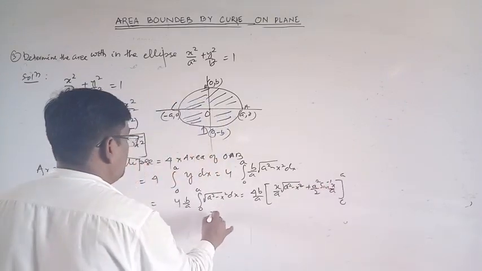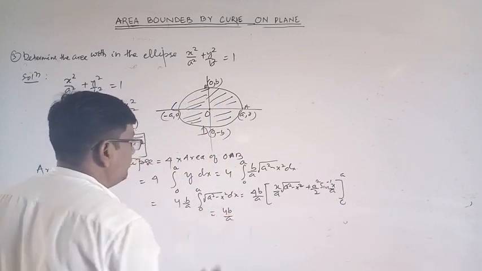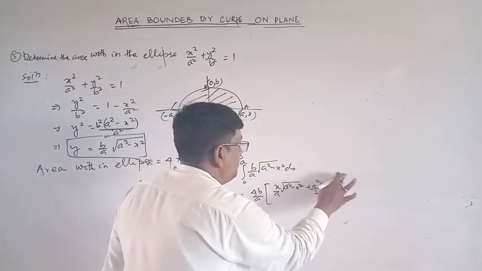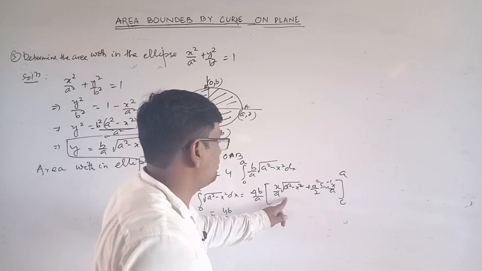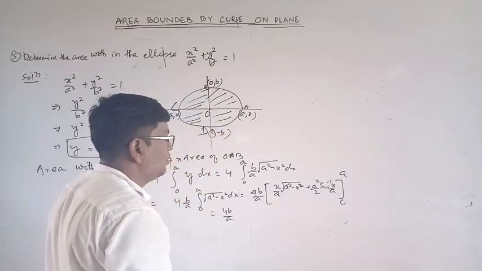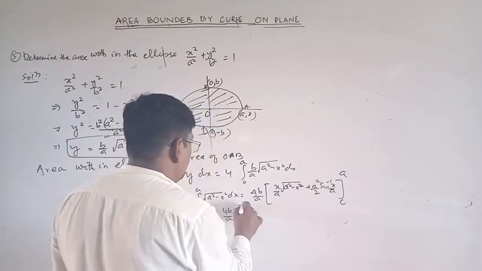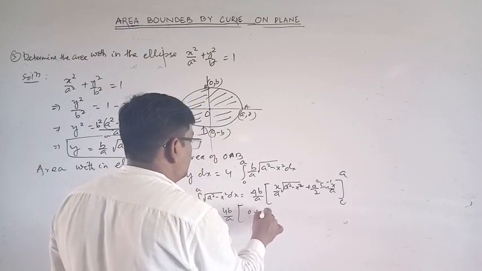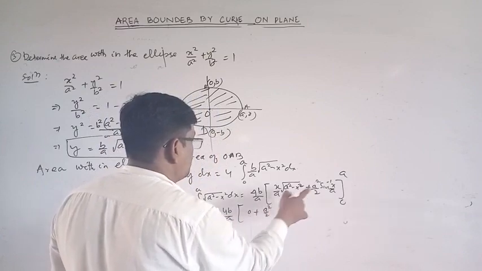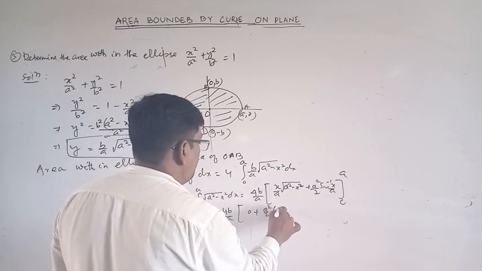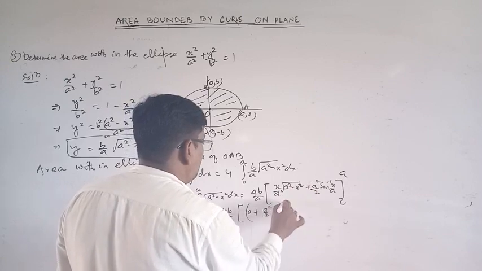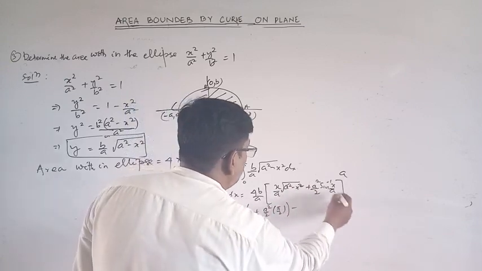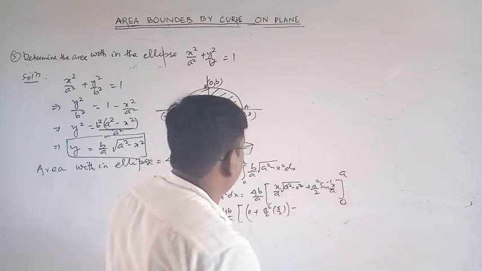So this is equal to 4b by a, put x is equal to upper limit a. So this is 0, plus a square by 2 sin inverse 1. Sin inverse 1 means pi by 2. Minus, put x is equal to 0. So the whole term is 0.